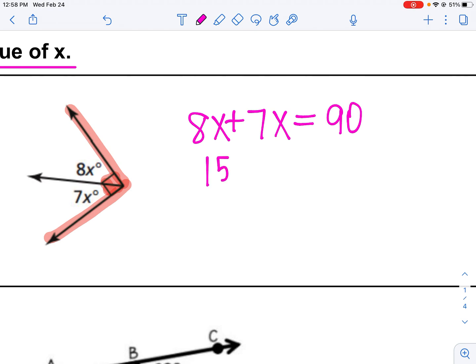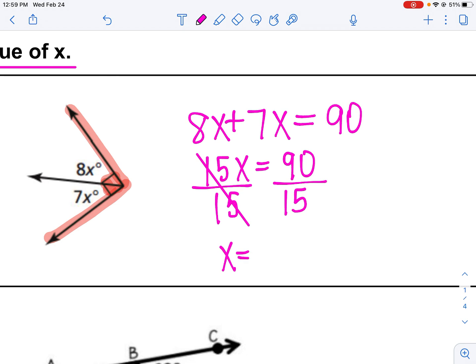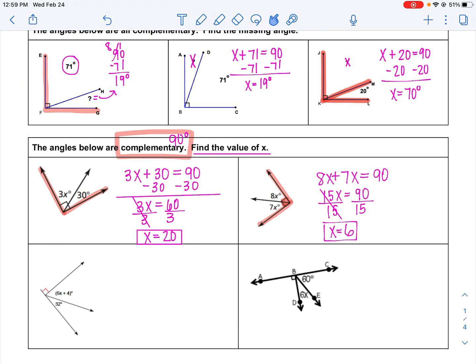So we have 15 total x still equaling 90. We're going to divide 15 on both sides, letting those coefficients go to 1, and I get x is equal to 6. Remember, this is what the x value is equal to, not what the angle measurement is.